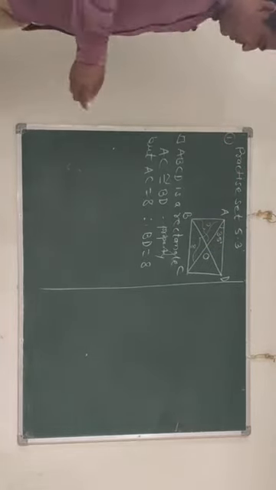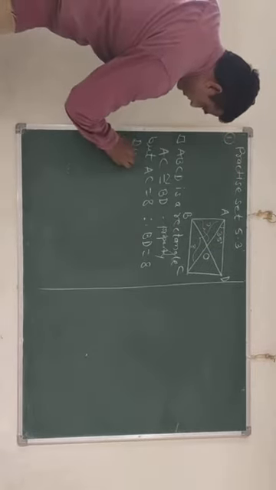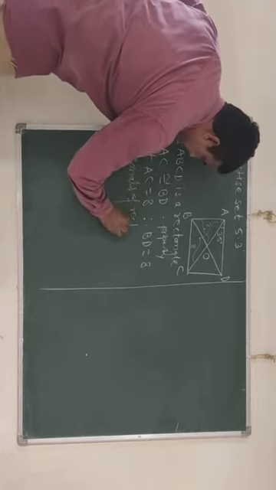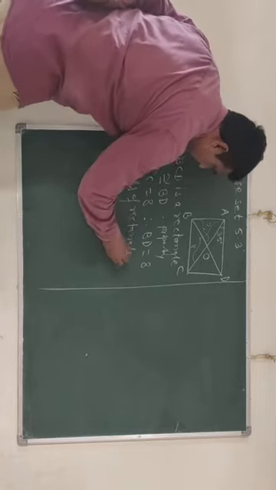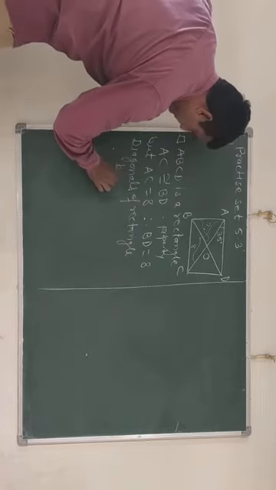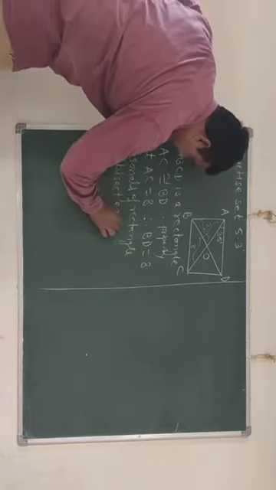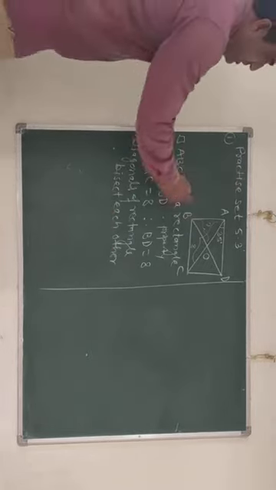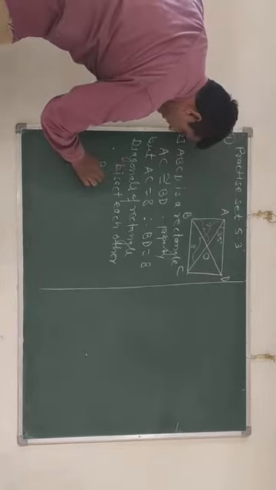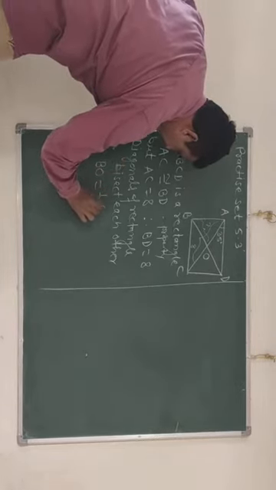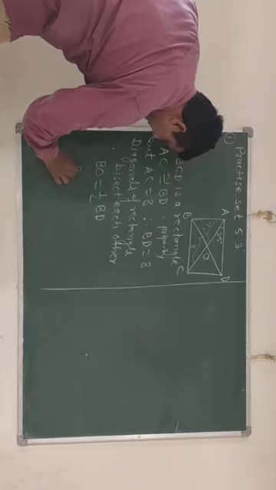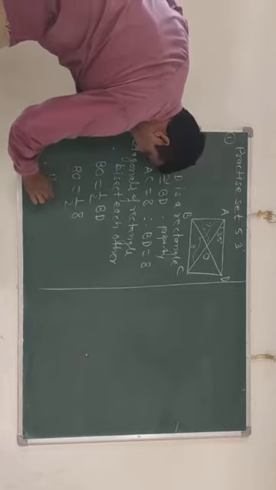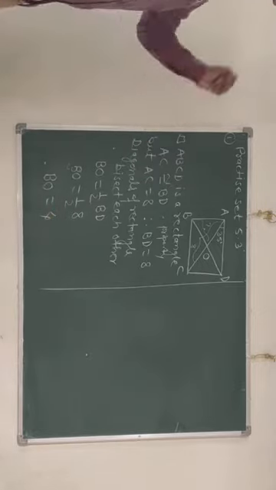Now, one more property: diagonals of a rectangle bisect each other. That is a property of rectangle also. So if we consider only this one, you get BO equal to OD equal to half of BD. So BO equals half of 8, therefore BO equals 4. So we got the value of BO.